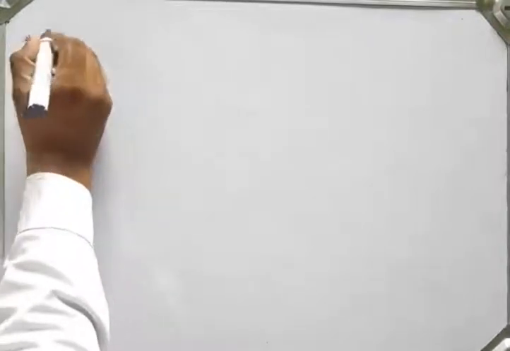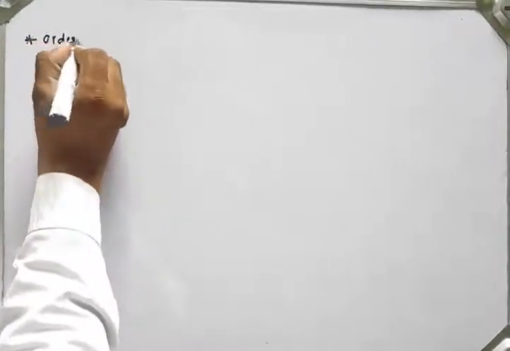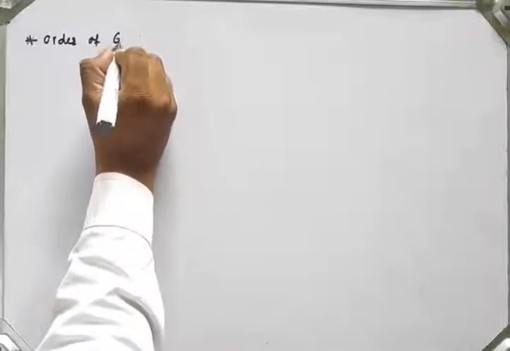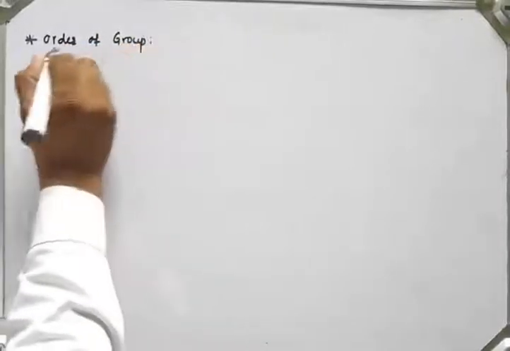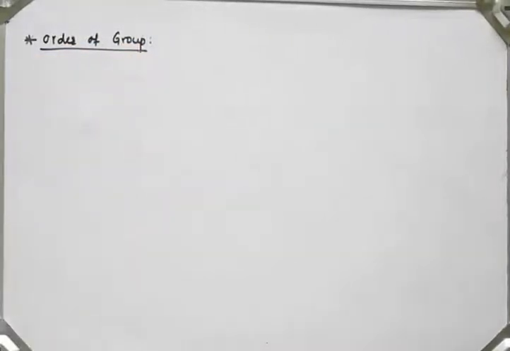So let's see the definition. Order of group. The order of a group is nothing but the number of elements in that group.